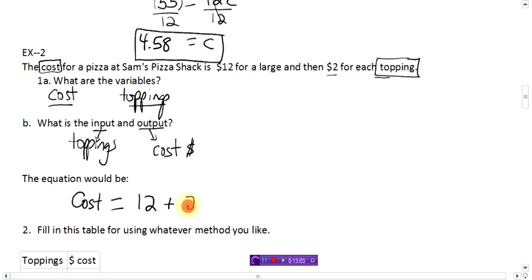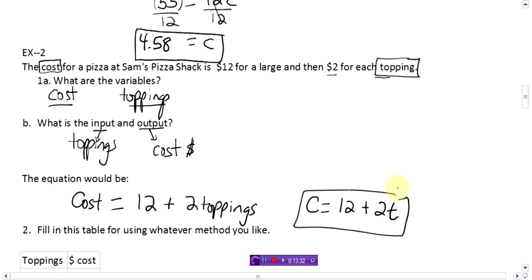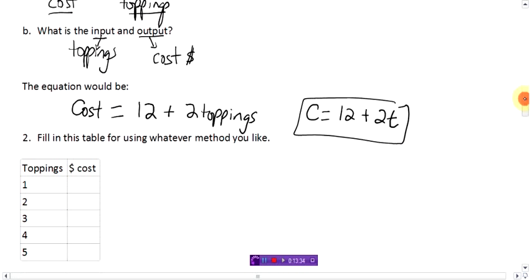So that's 2 times the number of toppings that you're going to add on to your pizza. That's the wordy equation. We want to simplify it into symbols. This variable we can call C for cost, equals 12 plus 2. What variable should we pick for toppings? Why not T? I make a little fancy handwriting T to make it look different than the plus sign. So there's the formula we're going to use. This is the formula for number of pizzas.